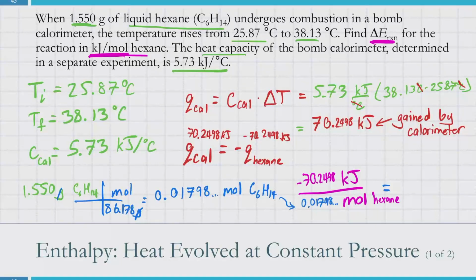And that value is a big number. We'll call it 3,906 after we round up, and negative kilojoules per mole hexane.